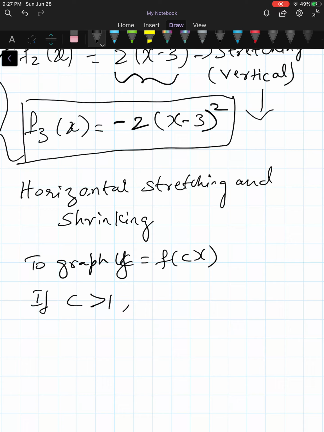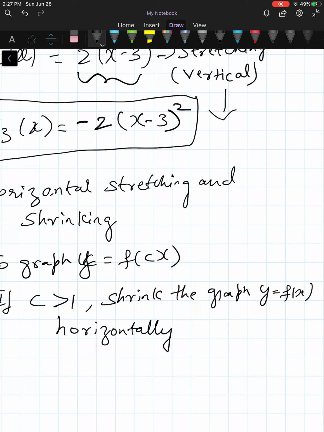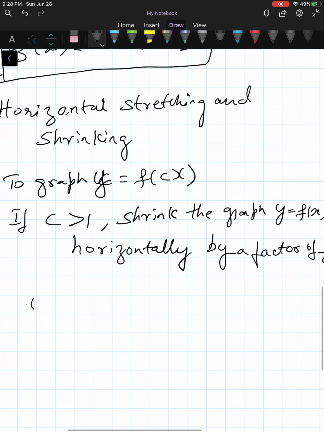if c is greater than 1, this would be a shrink in the horizontal case. So shrink the graph y is equal to f of x horizontally by a factor of 1 over c.